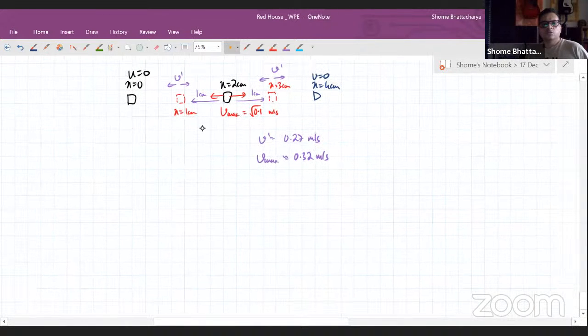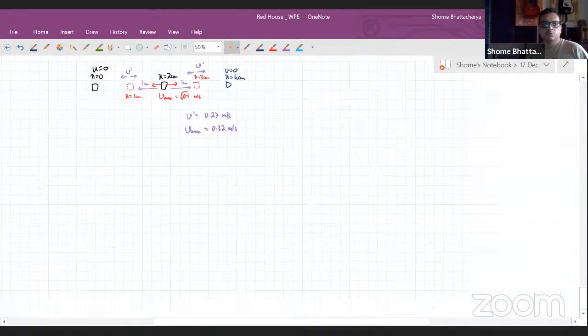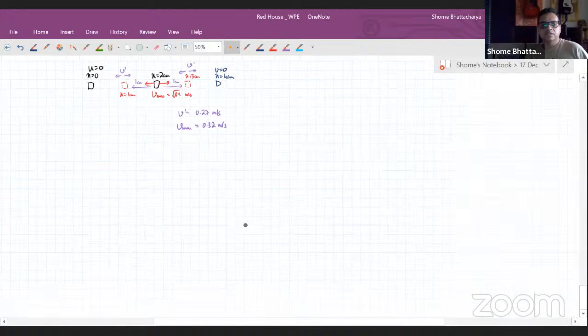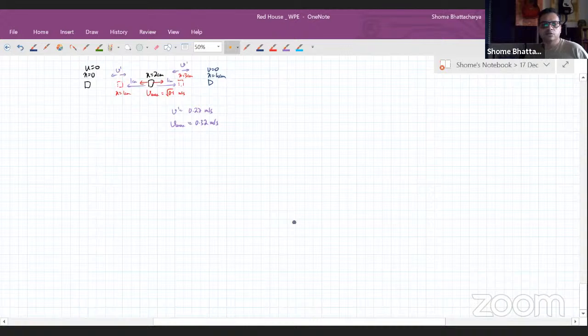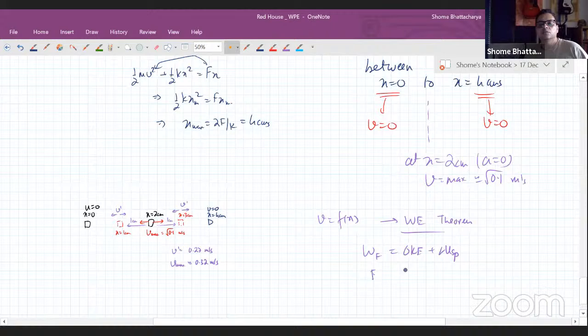Okay, so of course we'll study more in detail about oscillations in a chapter called simple harmonic motion later. But right now what work energy can help us with is this. We can find out the speed as a function of x by using the work energy theorem. And that work energy theorem was very simple: work done by F was change in kinetic energy plus change in spring's potential energy. So Fx was equal to half mv square plus half kx square.